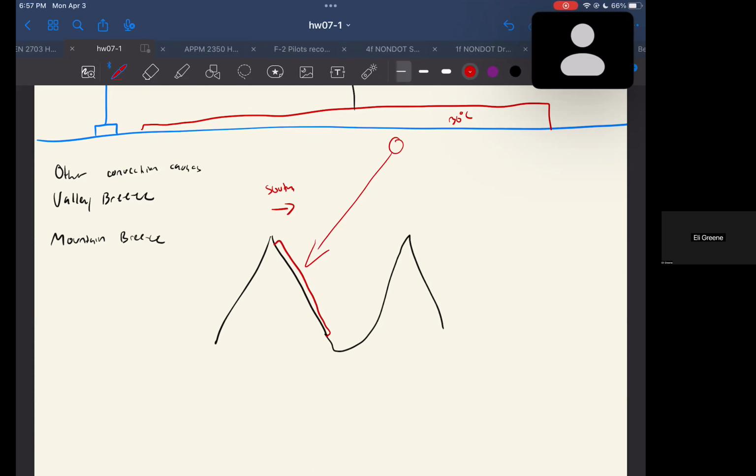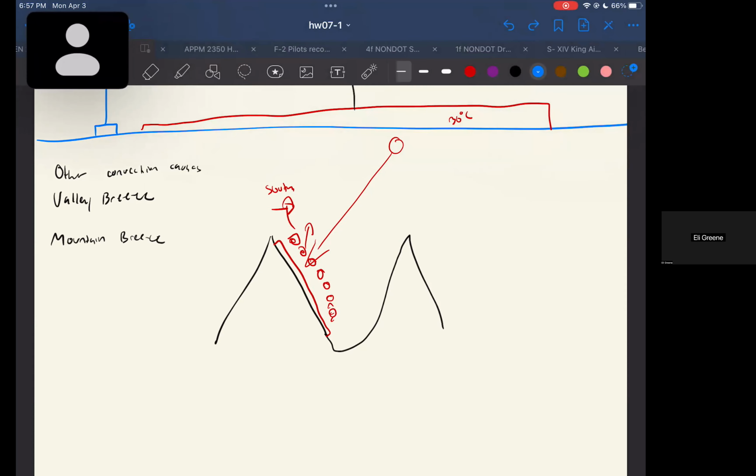That means it's going to heat up that entire side of the mountain. And when that side of the mountain heats up, it will heat the air next to it. So all these parcels are heating up. And when those parcels heat up, they rise, and that causes air to have to funnel in here to replace that heated air.